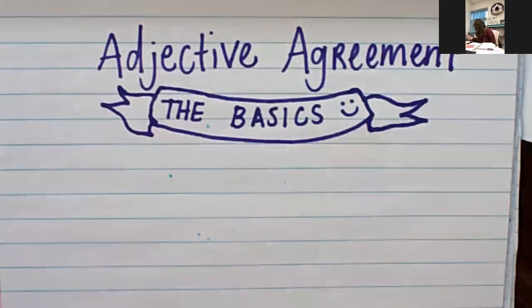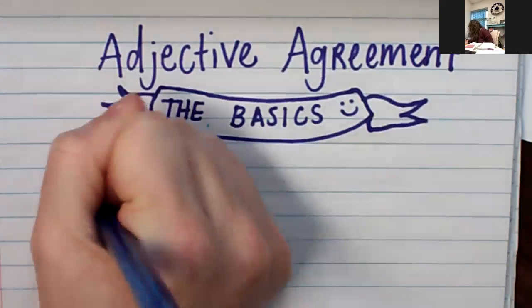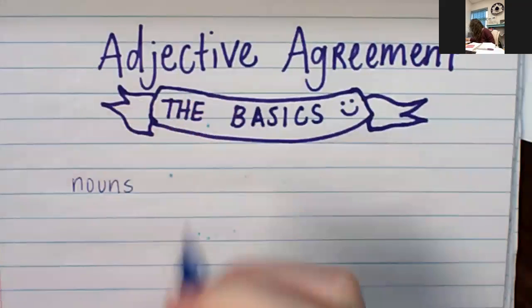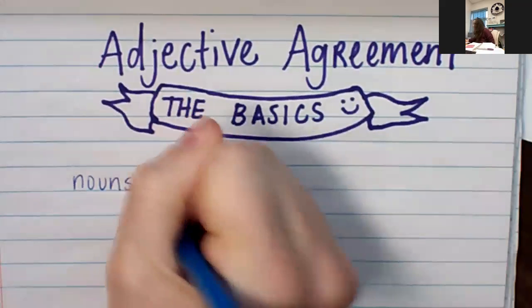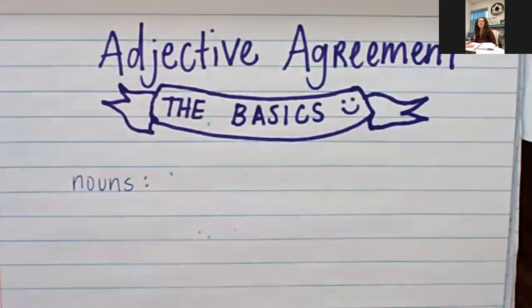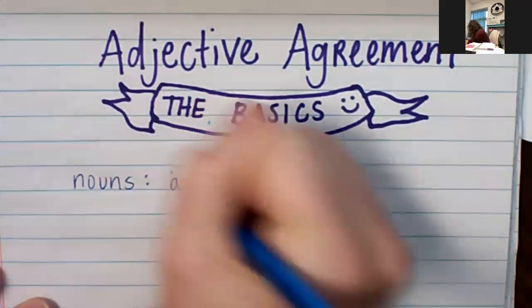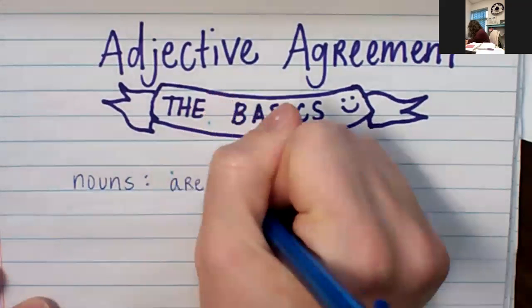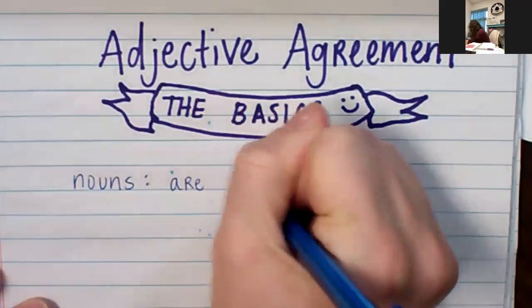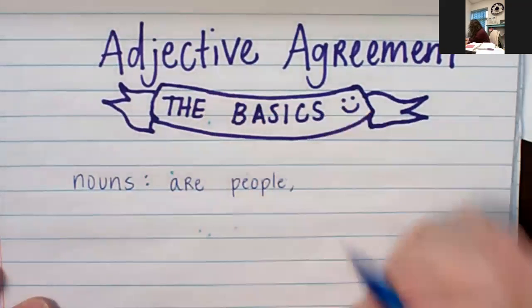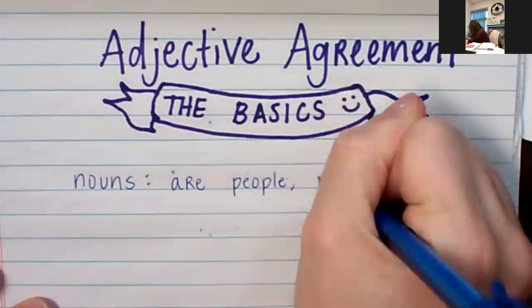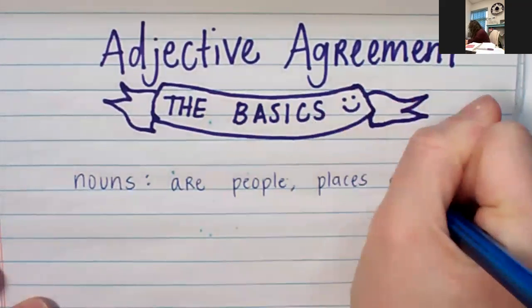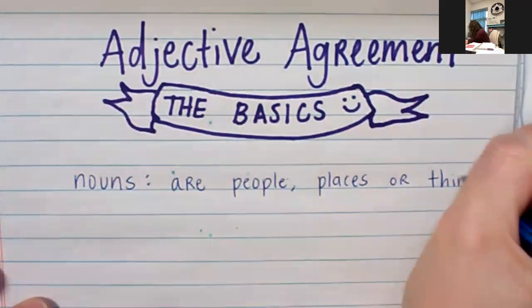So to start off, we need to know some basic definitions. What are nouns? Nouns are people, places, or things.